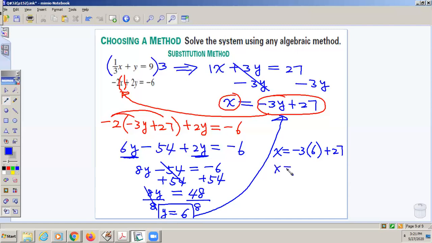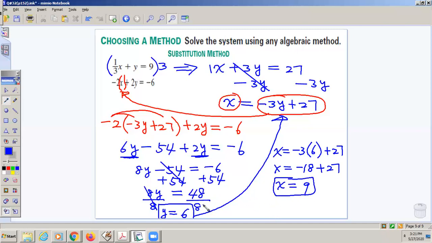And so x is going to be negative 18 plus 27. Since this is opposite sign, even though you see the plus operation here, this is negative and positive, so you would have to subtract. So it's 27 minus 18, which is 9, positive 9. So x is going to be positive 9.